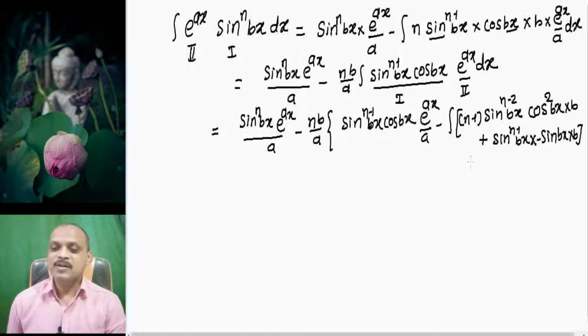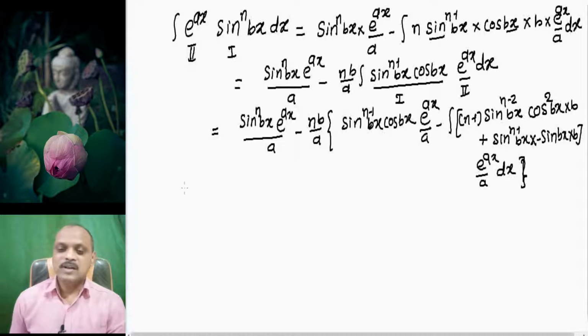This is the derivative of the product function, and integration of second, e raised to ax divided by a, into dx. Let us solve the bracket term first.